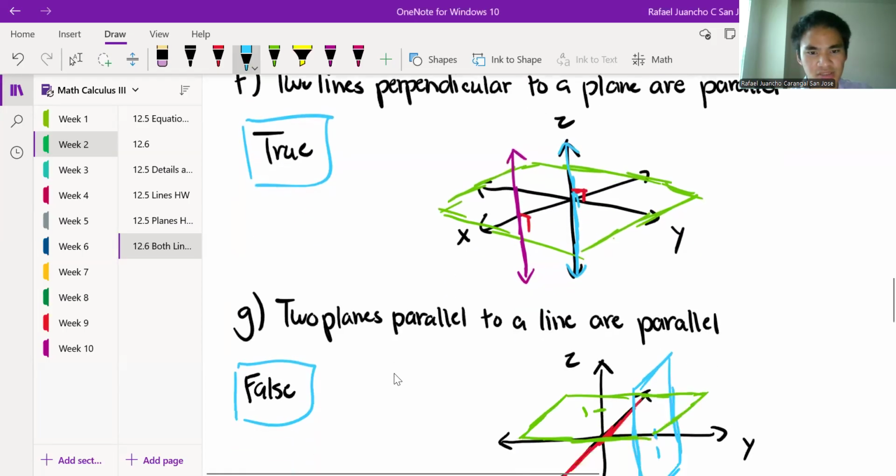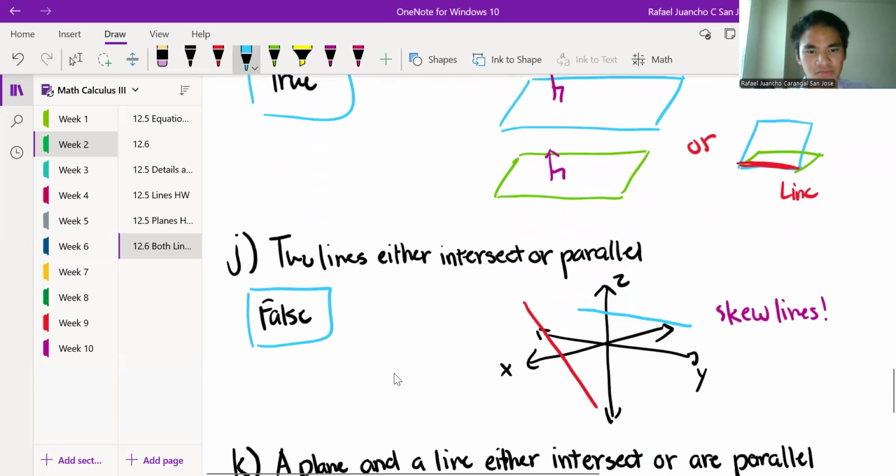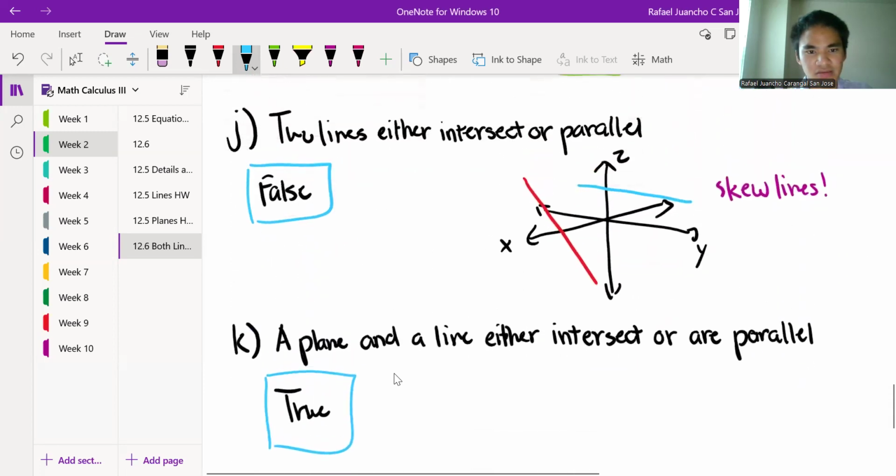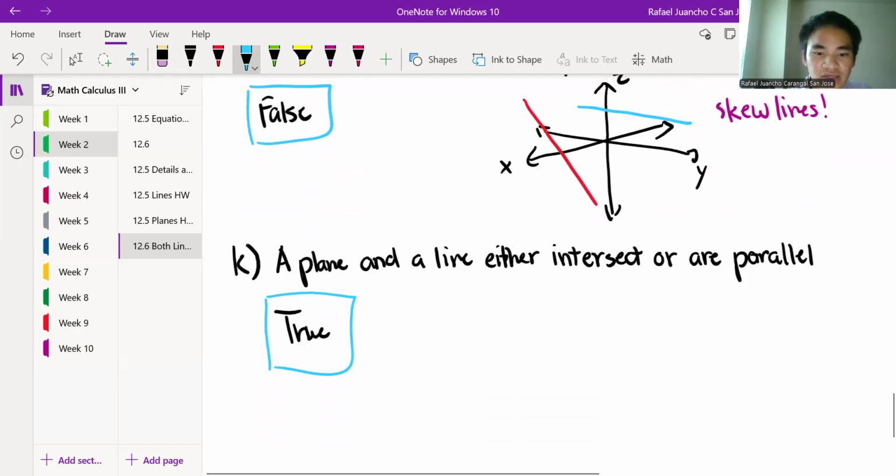J, K is false, true. Okay, so let's see what happens. Okay, yeah, I thought my homework would have an issue. Anyway, now let's actually do some math here.